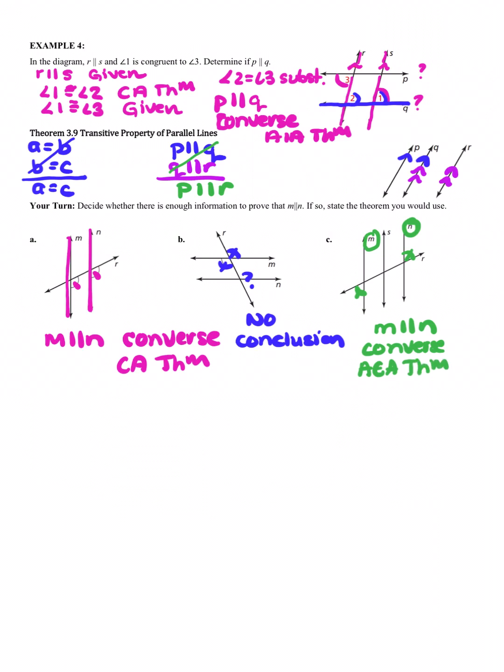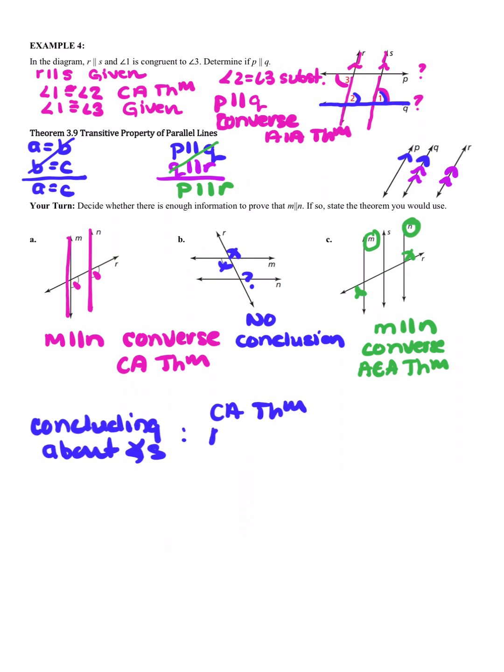So I have it written on the board for you, but again, when you are concluding about angles, then you're going to use either the corresponding, alternate interior, alternate exterior, or the CIA.